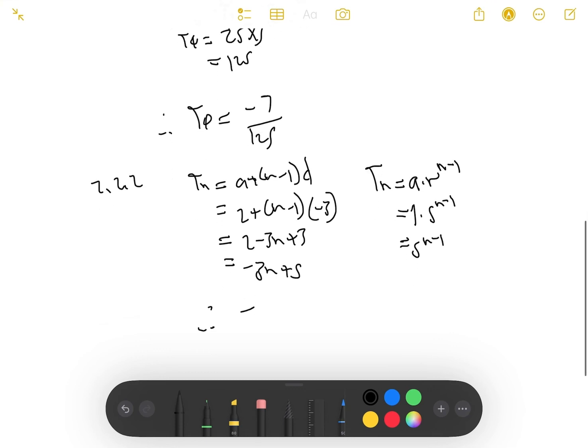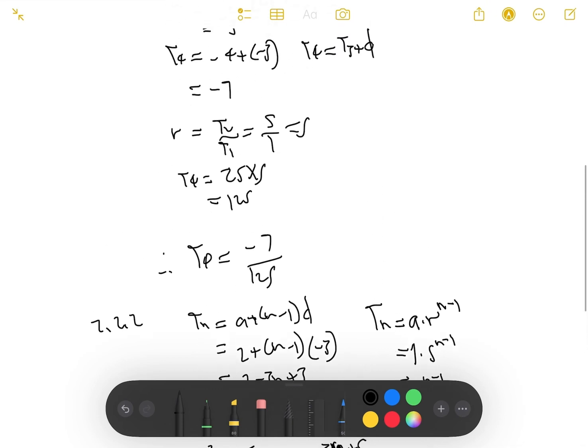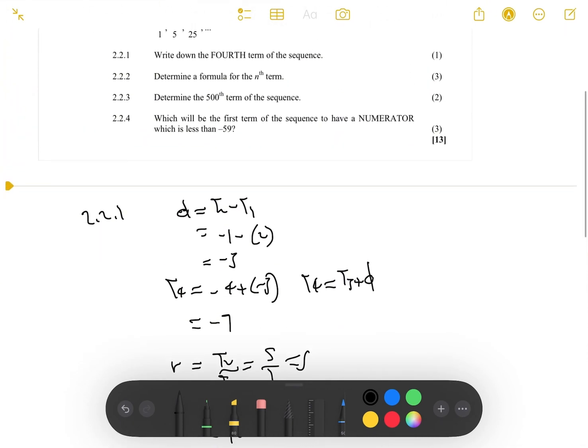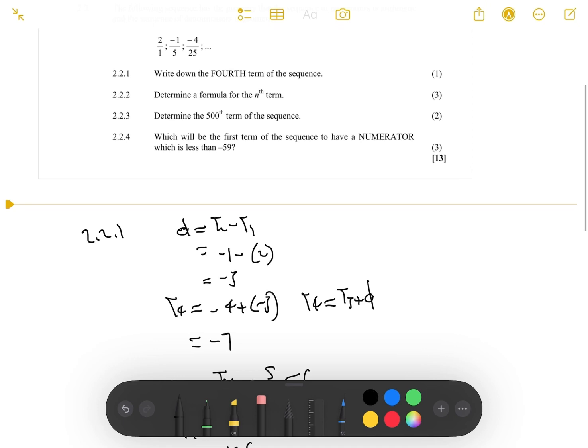Therefore, Tn for the mixed numerator and denominator will be negative 3n plus 5 over 5 to the exponent n minus 1. That was our 2.2.2, and then they say determine the 500th term.